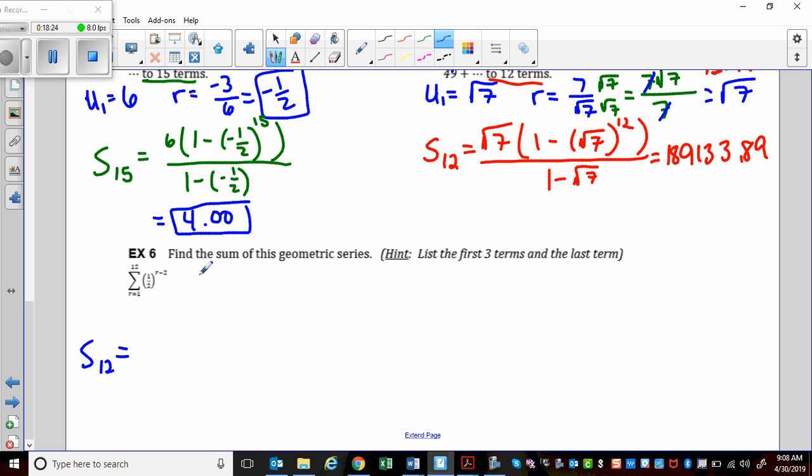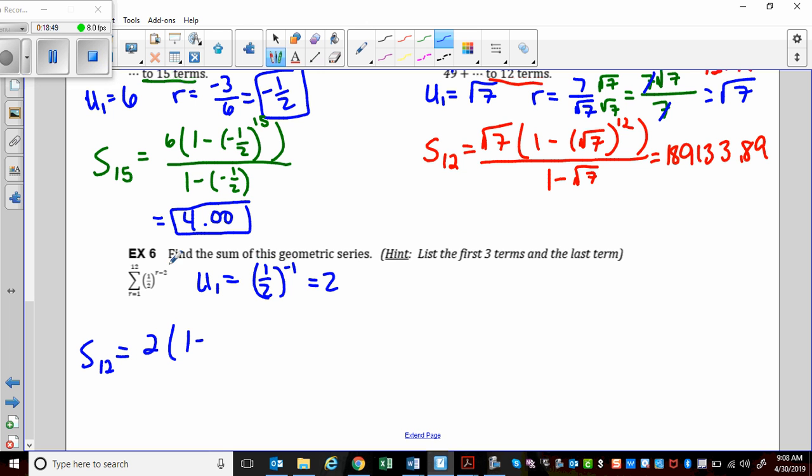My first term, u sub 1, equals, when I plug 1 into here, 1 minus 2 is negative 1. So this is 1/2 to the negative 1, which means that we just need to flip the fraction, which is 2 to the positive, or to the 1 power, which is 2. So u sub 1 is 2.